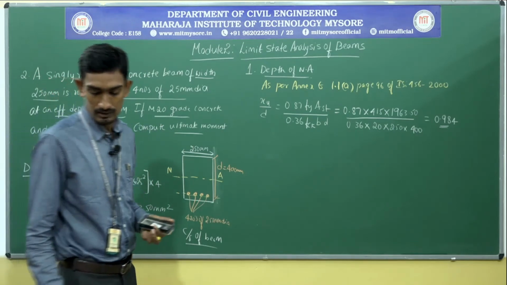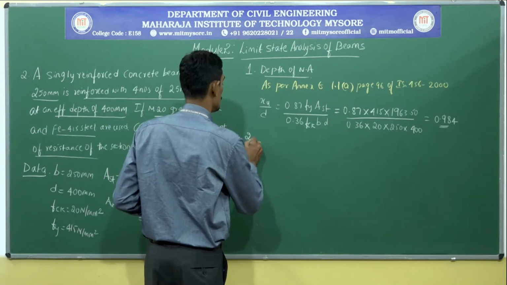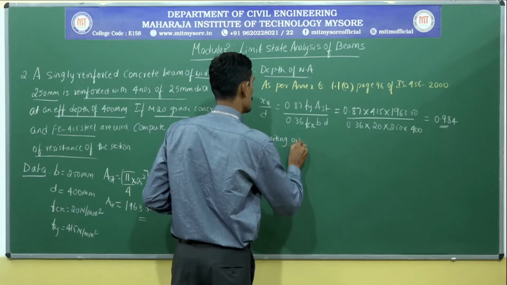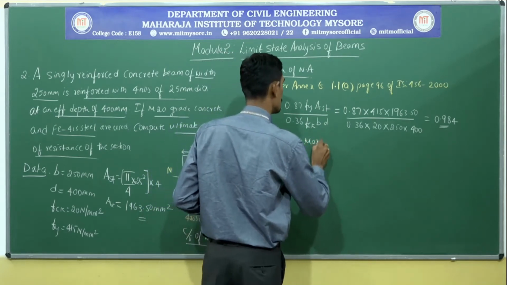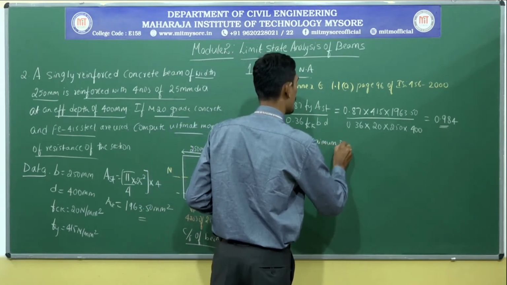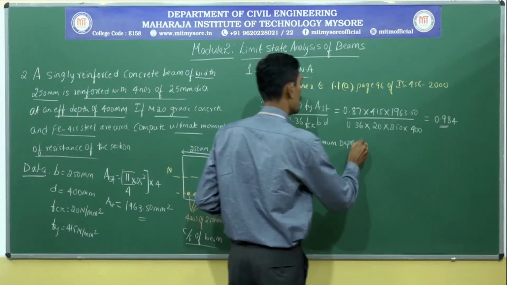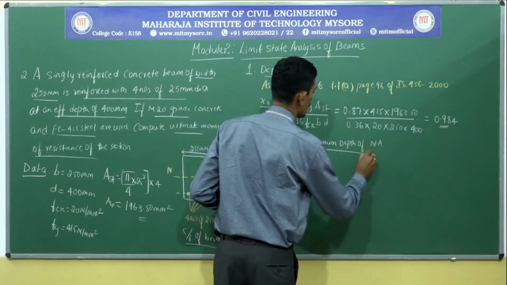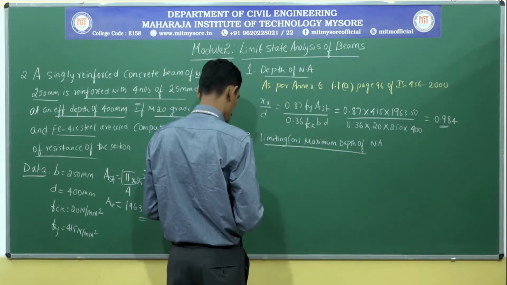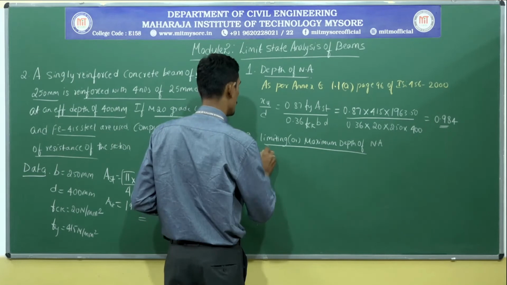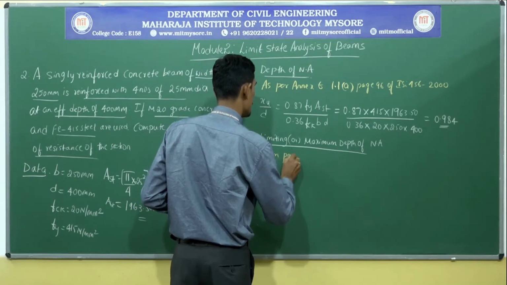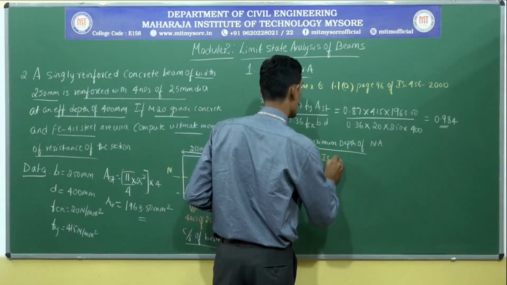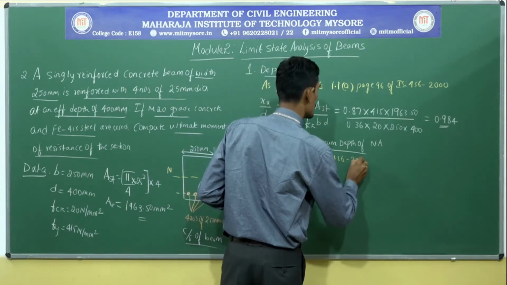Next, the limiting or maximum depth of neutral axis. That is, once again, page 70 of IS 456 2000.